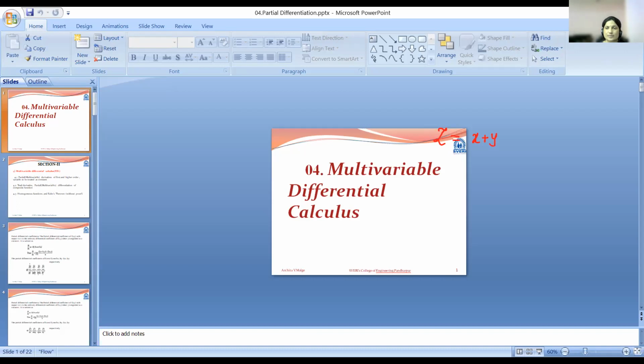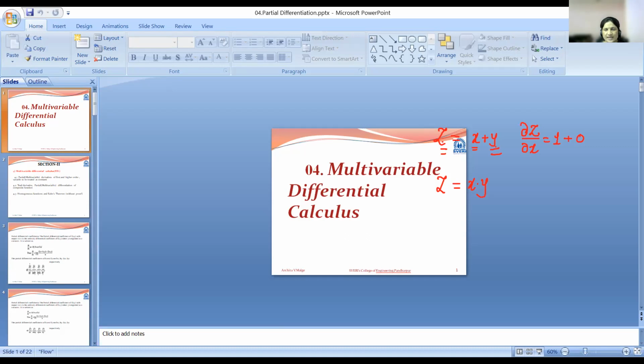z is equal to x plus y, or z is equal to x into y. Now we are taking the partial derivative of this z. The derivative with respect to x is equal to 1, and this y is constant, therefore it is plus 0. And when we are taking the derivative of this z with respect to y, that time x will be constant.